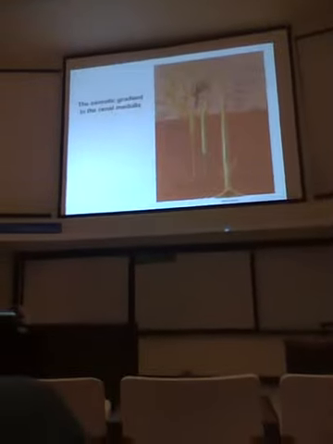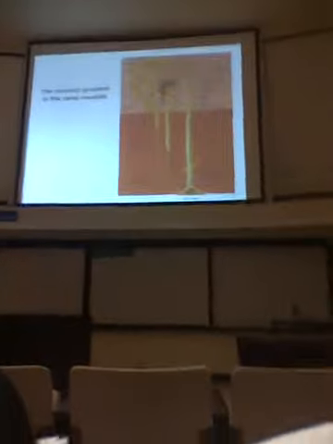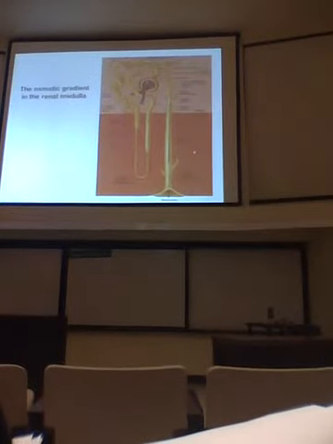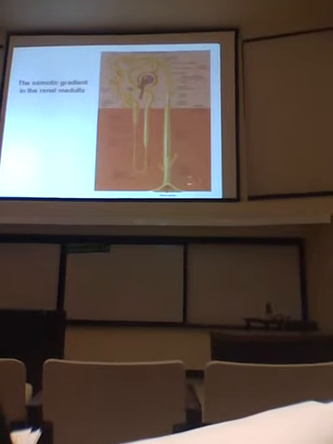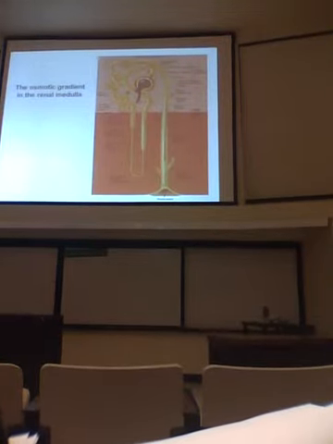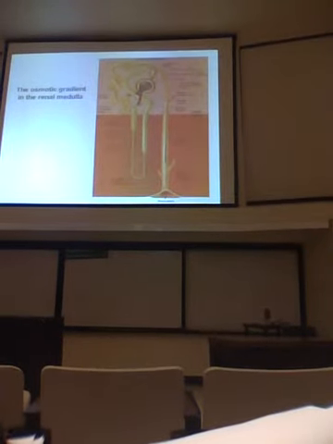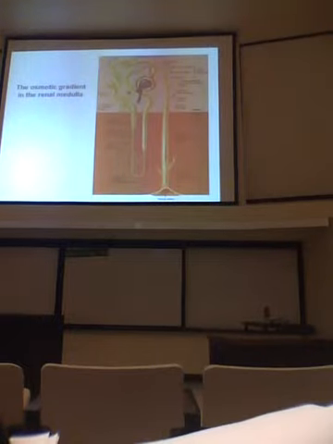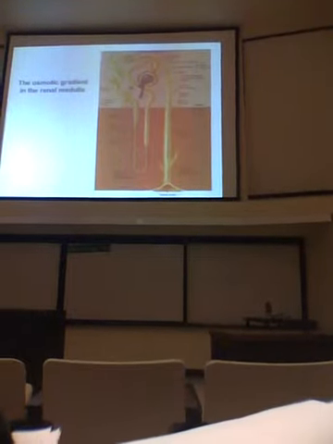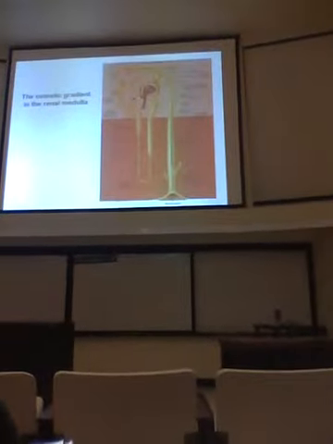So out here, the sodium chloride concentration is relatively low, and it gets more and more as you get down here, and it's very high down here. Now, we're not talking at the moment about what's in the tubule. Got to get this in your head. We're not talking about what's in the tubule. We're talking about what's outside. So out here. Right?